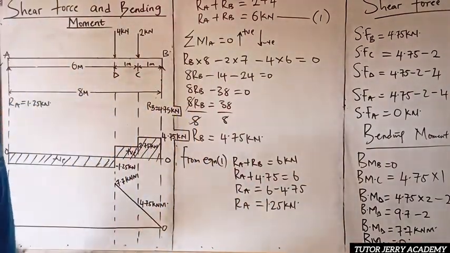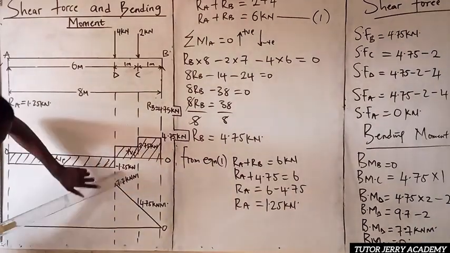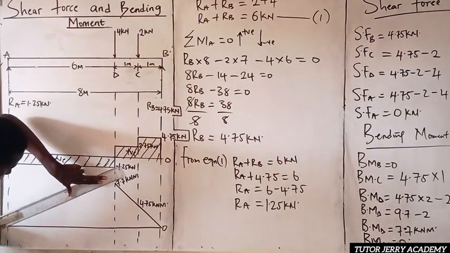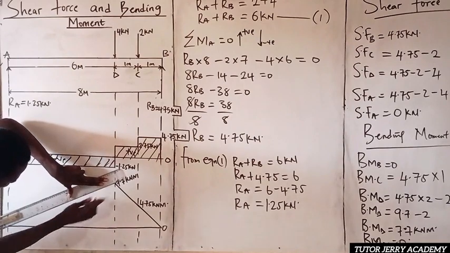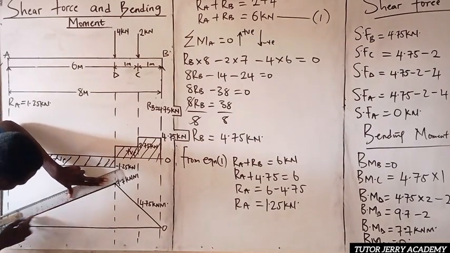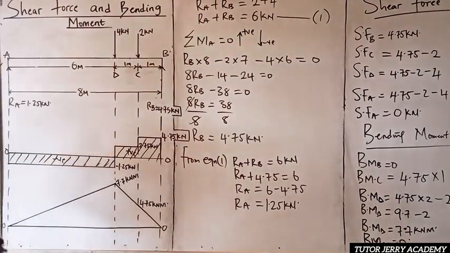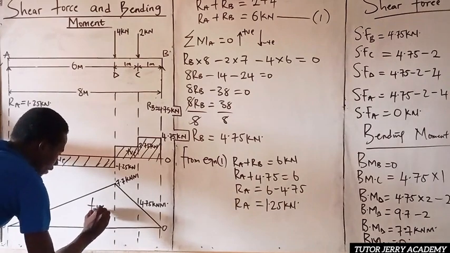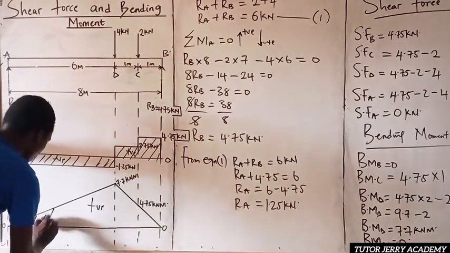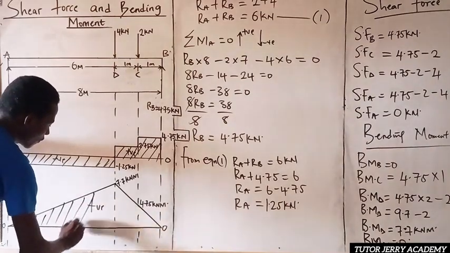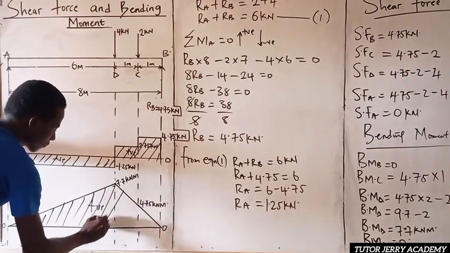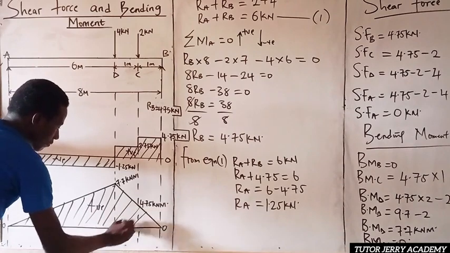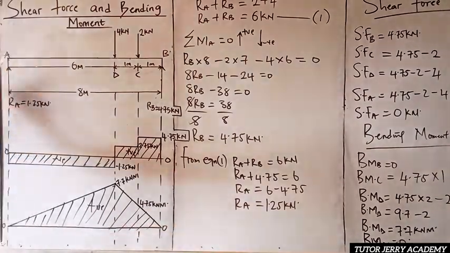So we are going back to 0. So this is what we have, from this point even up to this point. So that's it. Of course, we only made use of the positive direction. So this is our bending moment diagram.